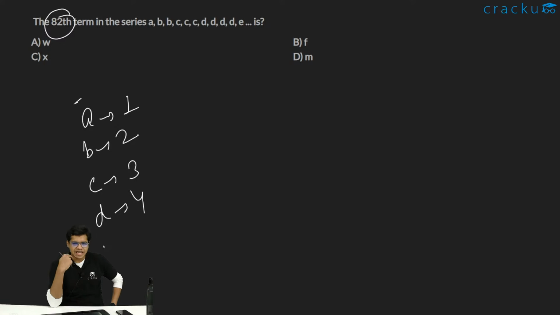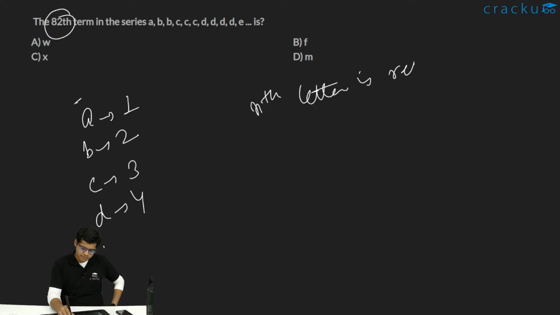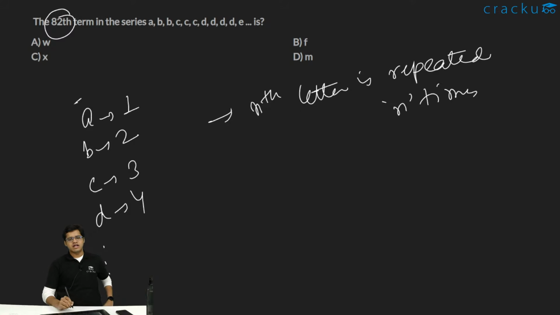Letter B is the second letter, it is repeated twice. Letter C is the third letter, it is repeated thrice. So basically the nth letter is being repeated n times.